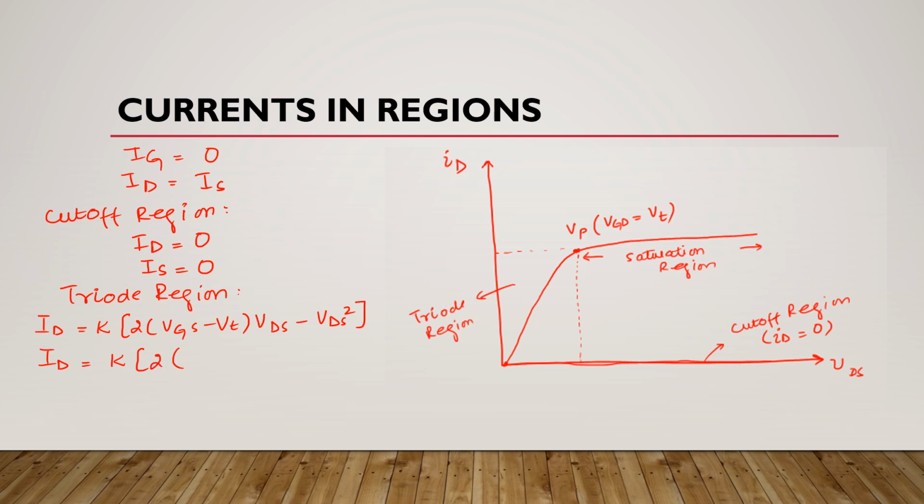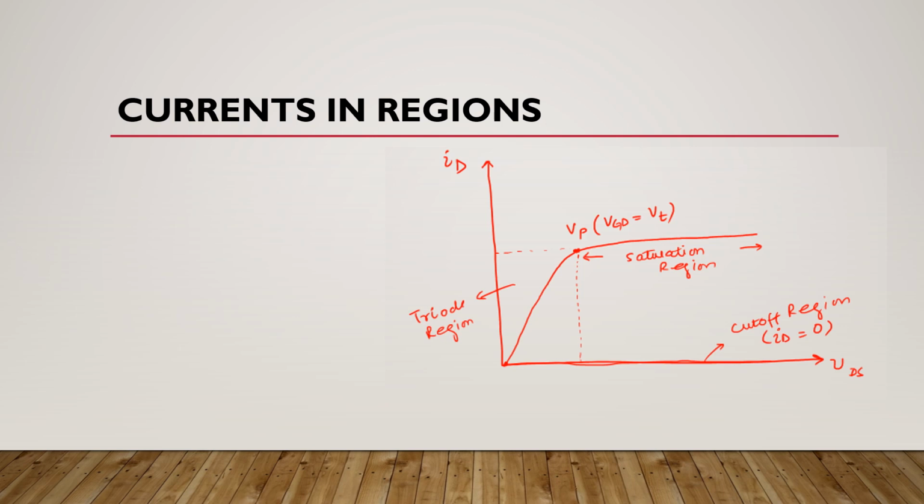Now we know that this gate to source voltage minus threshold voltage is effective voltage. Okay, so we can write it like this. Now here this is transconductance parameter.